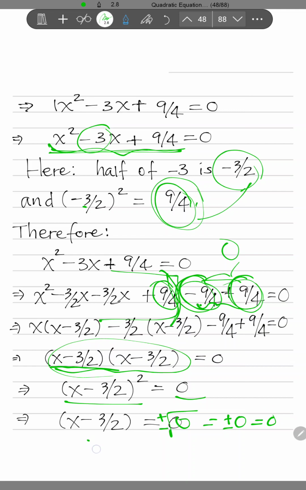What's the next thing then? x is equal to the other side of the equality sign, 3 over 2. We change the sign here to positive. This is only one solution set, and it is 3 over 2. How do we do this one? We just add 3 over 2 here. On the other side of the equality sign, the same, we add 3 over 2, and this side cancels out.